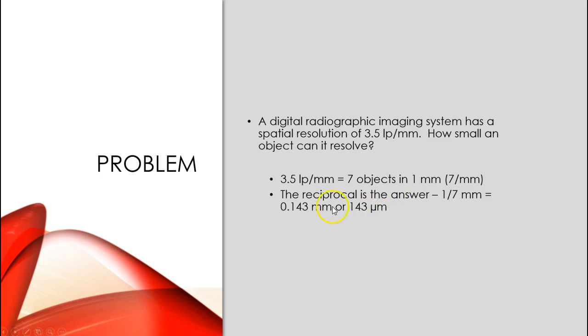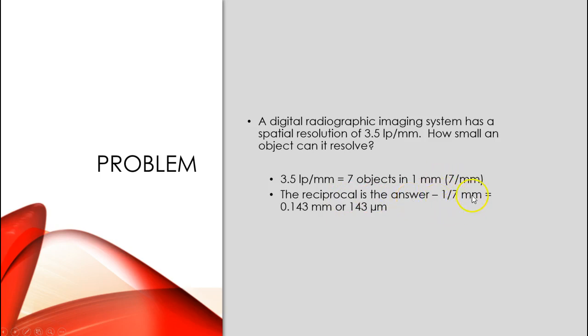To find out that number, you're going to take what's given to you here, the 3.5 line pairs per millimeter, and you're going to double that. So that's going to tell you how much spacing for one line pair: 7 objects in 1 millimeter. The reciprocal is the answer to these problems.